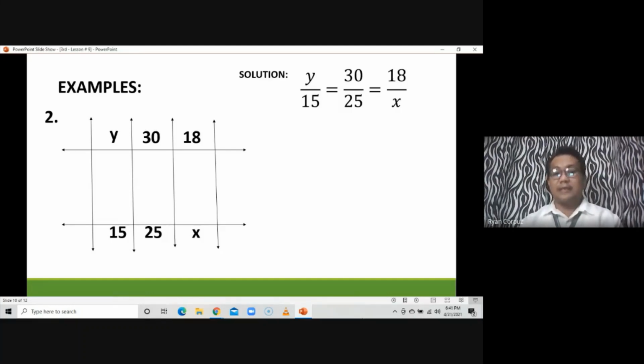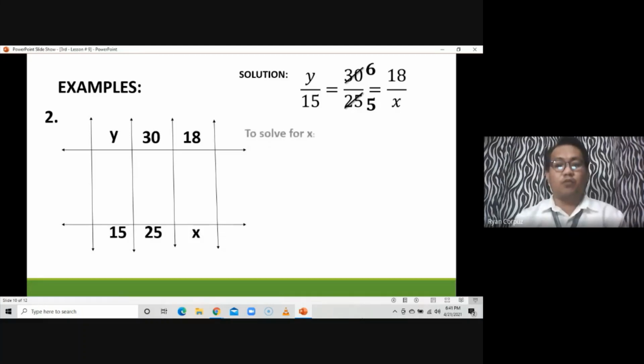The answer is yes. Both of them are divisible by 5. So when we reduce it into lowest term, that will be the same as 6 over 5. So instead of using 30 over 25, 6 over 5 na lang.